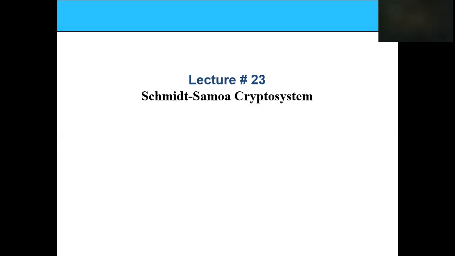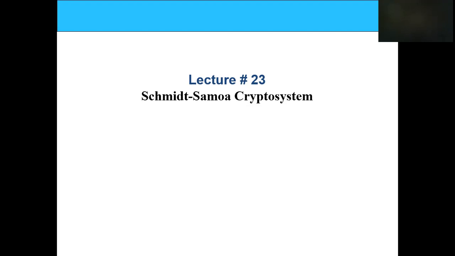Before starting this crypto system, the difference between RSA and the Schmidt crypto system is that in RSA the space of plain text and ciphertext are the same.